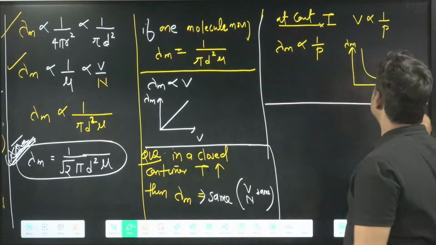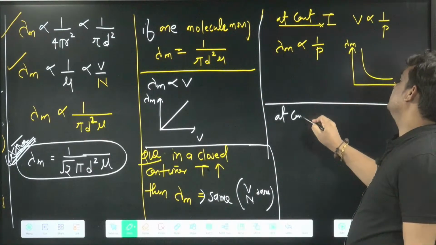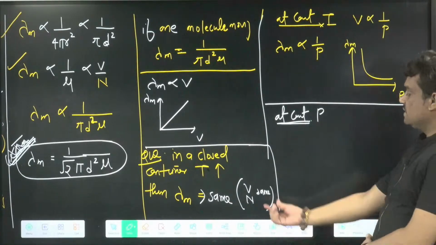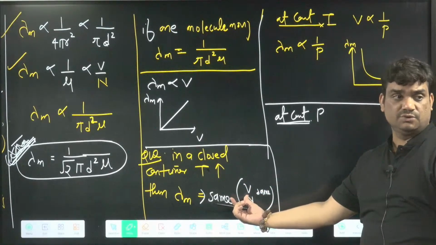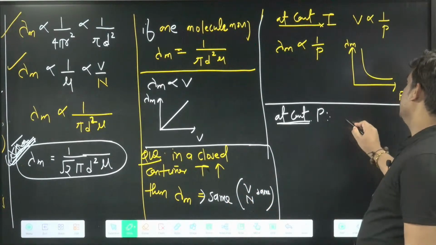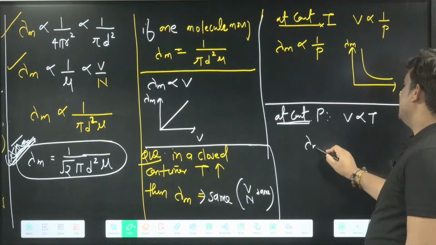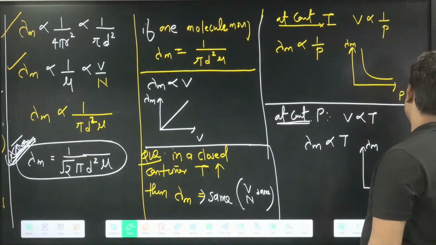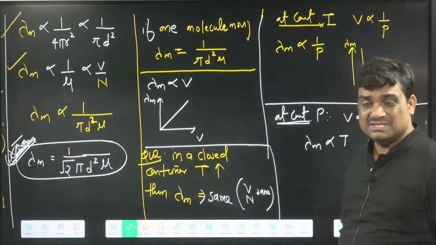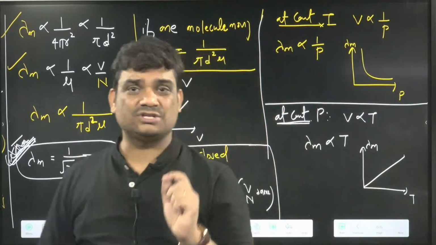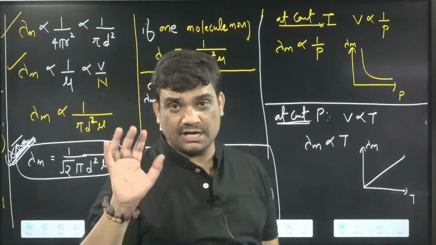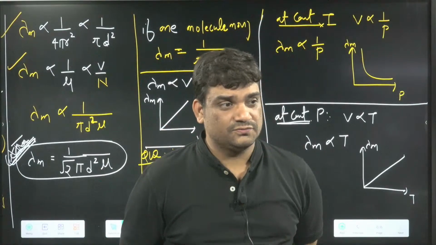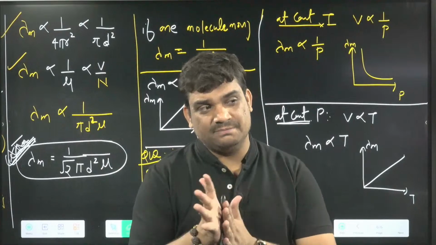Same way, you can write the third condition, at constant pressure. This was the question of constant volume, where there is no change. At constant pressure, volume is proportional to T, so lambda m is proportional to T. Here the graph will be lambda m versus T, directly proportional. If I change temperature, will lambda m always change?